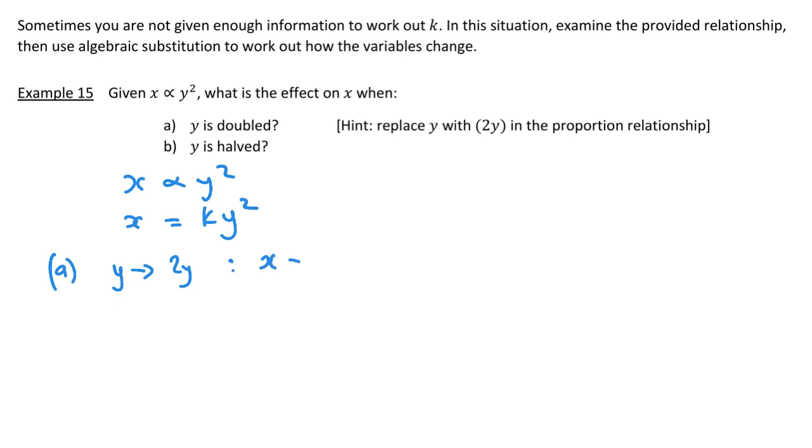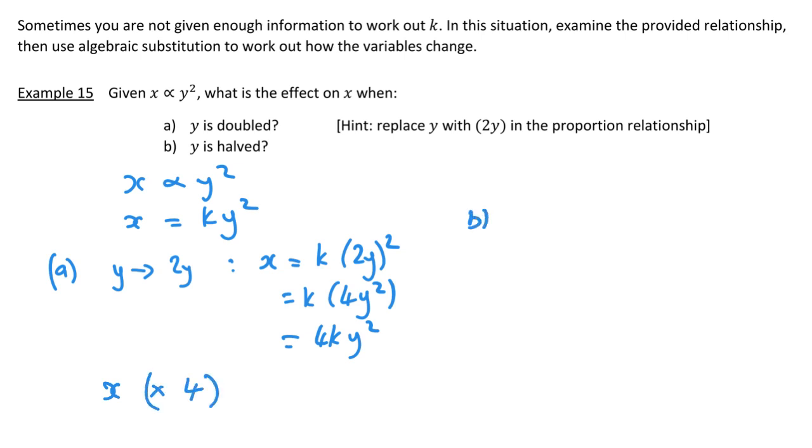So that's going to look like x equals k times 2y squared, which is k times 4y squared, which is 4ky squared. So to get from what we were originally of ky squared, whenever we double it we get 4ky squared. So therefore x is going to be multiplied by 4.